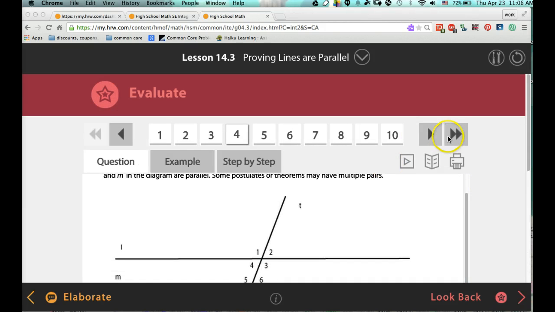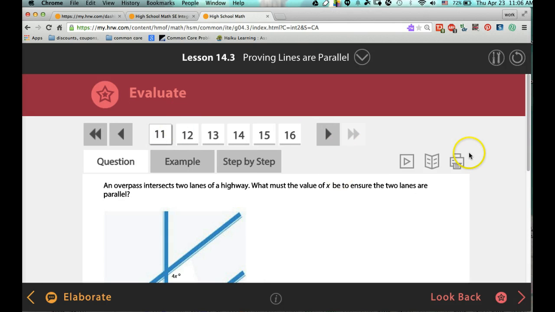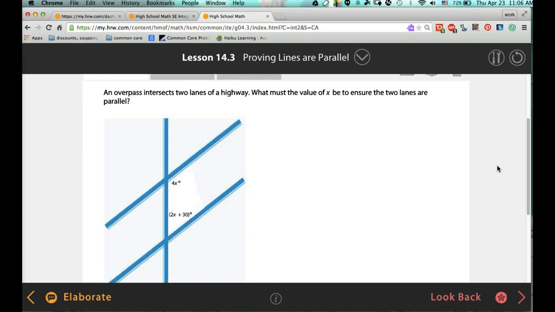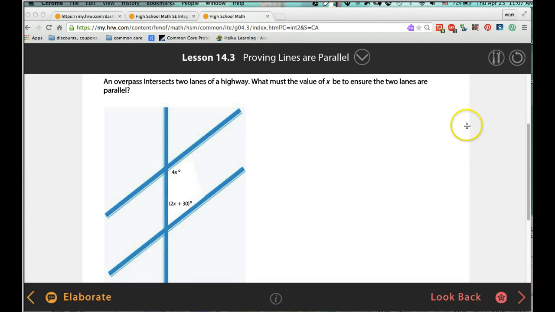Let's move on to question number 11. So there you go. An overpass intersects two lanes of a highway. What must the value of x be to ensure the two lanes are parallel to each other? Okay, so again, this is another question where we're not quite sure if these two lanes are parallel or not. We just don't know, okay?